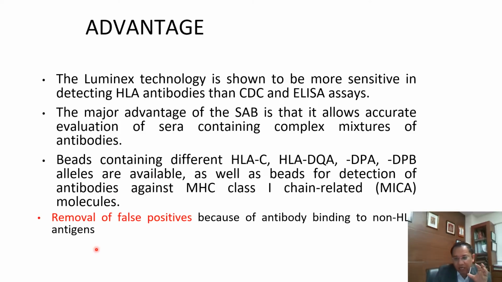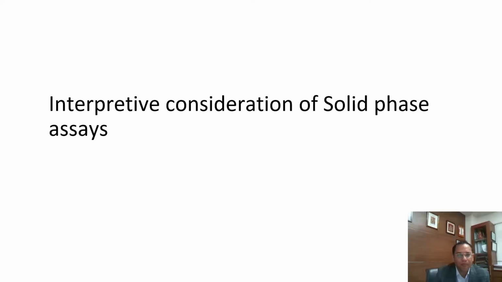It has beads containing different HLA-C, DQA, DPA, DP beta. All alleles are available, and you even have a single antigen bead assay of MHC class 1 chain alpha, which is MICA. This basically reduces the number of false positives because the antibody is binding to the HLA antigens which are coated on the synthetic beads.